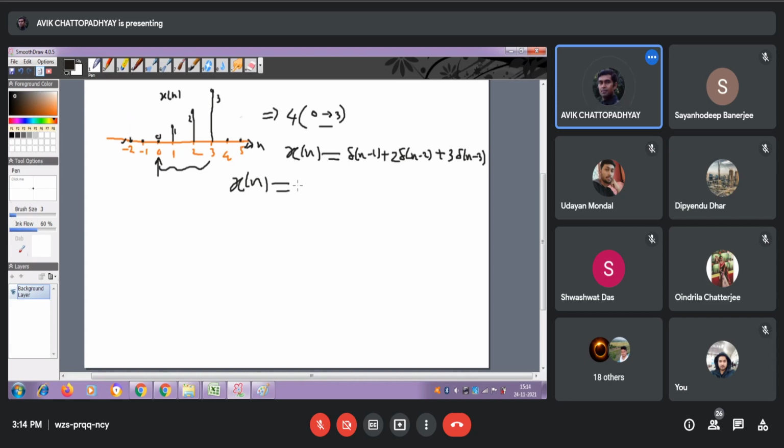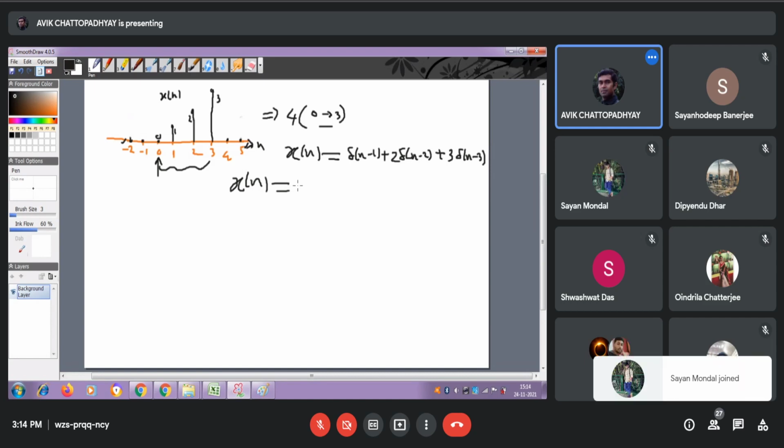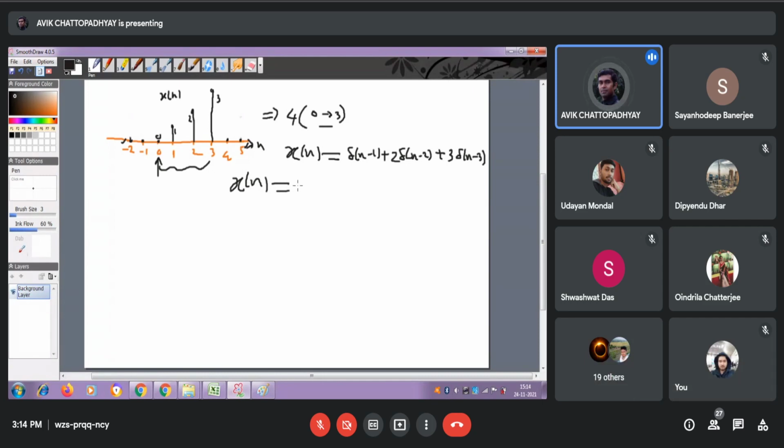How to write it in terms of the unit step function? Please proceed. Otherwise, you will not learn.